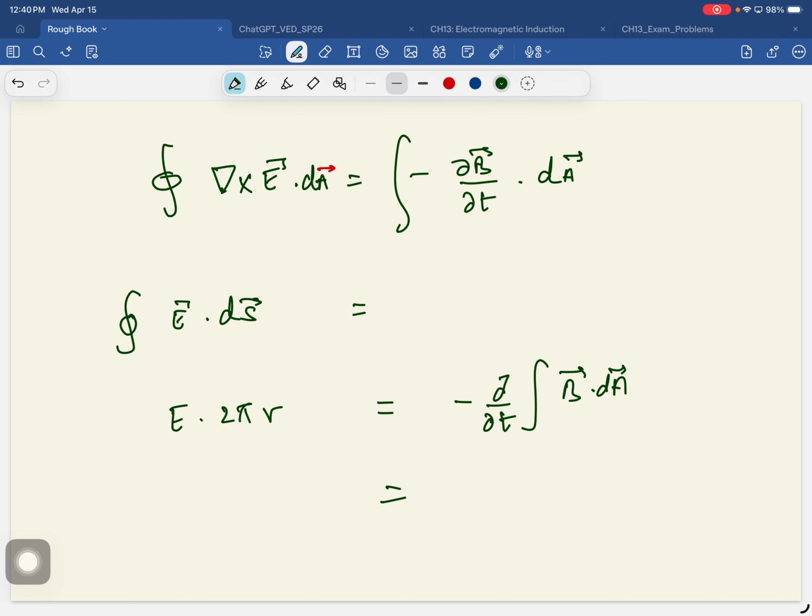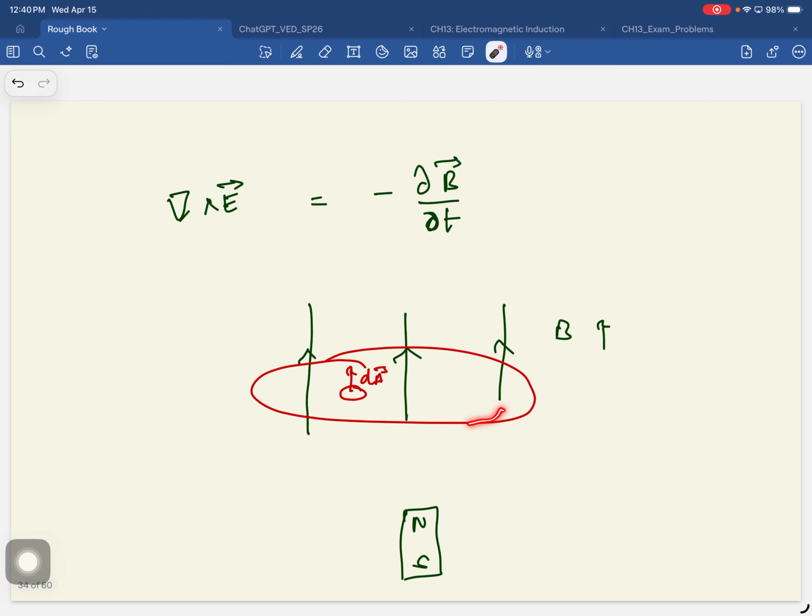This is called the magnetic flux, and this is Faraday's law. And E times 2 pi r is the voltage induced in the circuit.